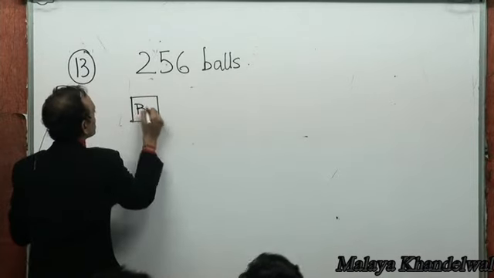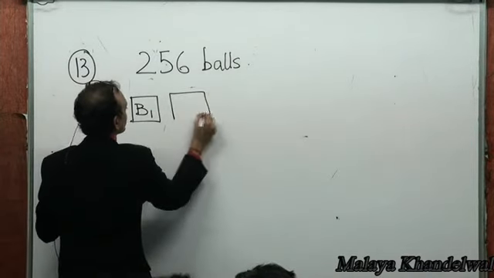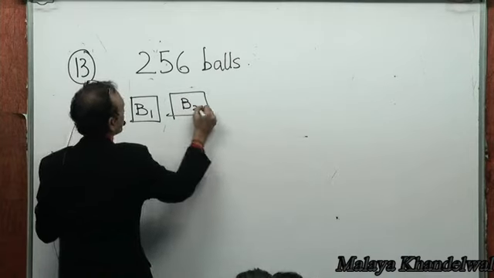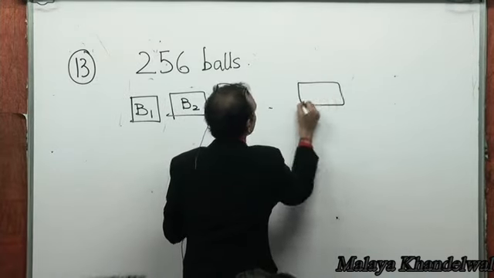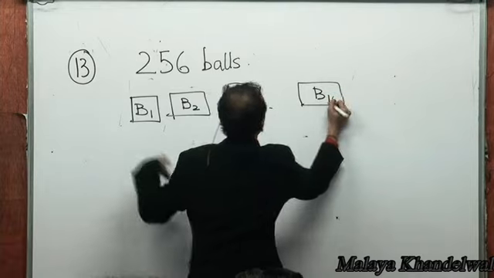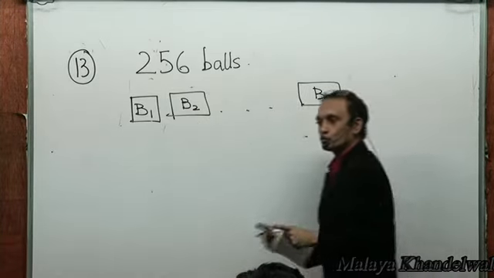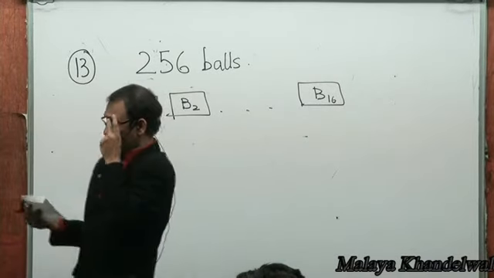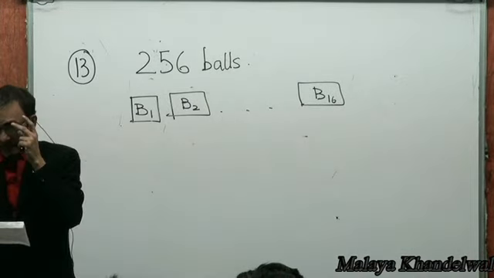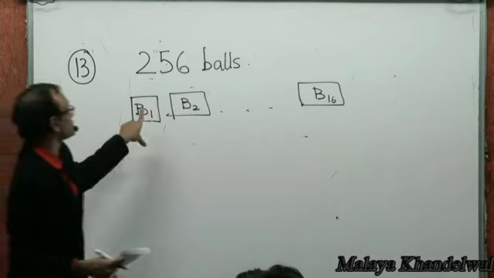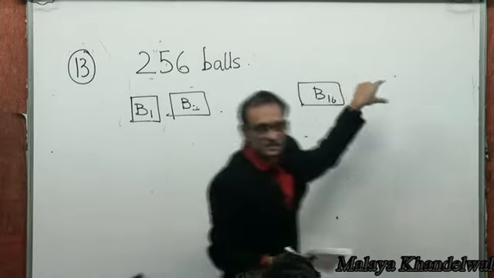These are the boxes. These are the 16 numbered boxes. This is r equal to 1, r equal to 2, r equal to 3, up to r equal to 16. There are these 256 identical balls and they have to be placed in 16 boxes numbered 1, 2, 3, up to 16.